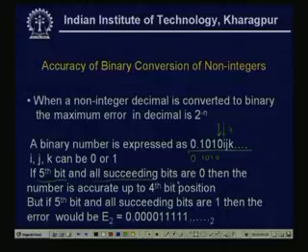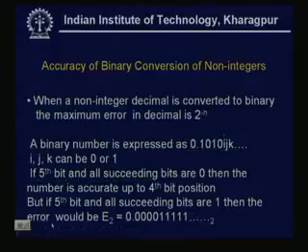Up to the 4th decimal point the value was given in binary. Now I take these as all 0, and the i, j, k values and succeeding values are 1. These values should have been incorporated in the binary number, but we have dropped them. That is why this is defined as an error.